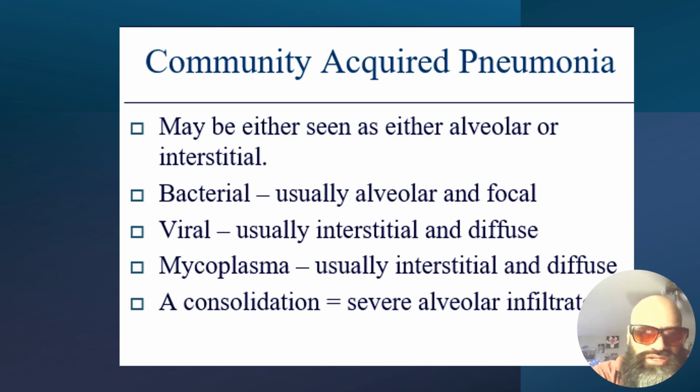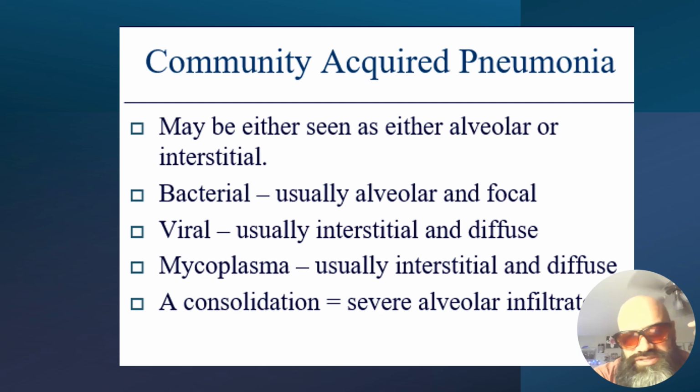For example, if you have a chest x-ray that has infiltrates consistent with alveolar infiltrates that are localized and focal to a particular region, and the patient is presenting with symptoms of pneumonia such as high fever, cough, malaise, this is how you're going to be able to decipher the answer to the test questions. You use the information in the question, the vignette, to help guide you to what you may or may not be looking at on the chest x-ray.